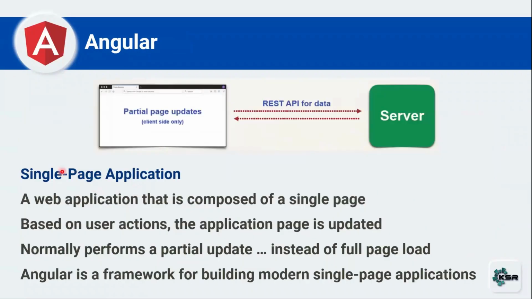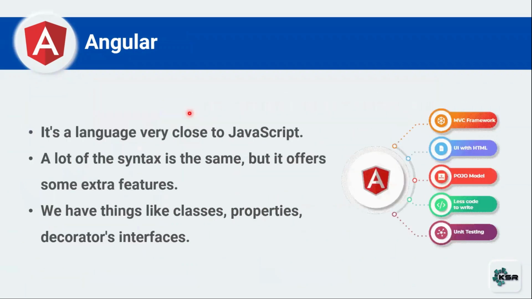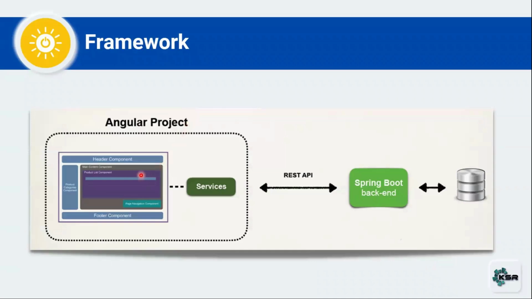And what is a single page application? That's what we are coming to here. It partially updates the client-side application. It goes and hits the server using a REST API call, and it responds back with only the particular data. For example, in the entire page, I want to check what my interest is.